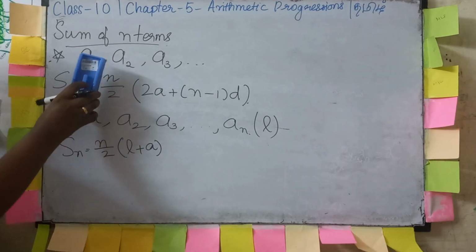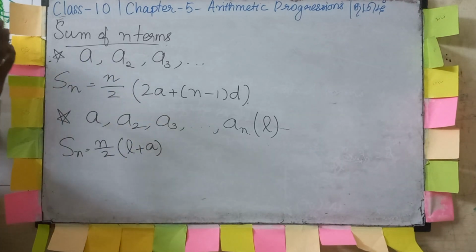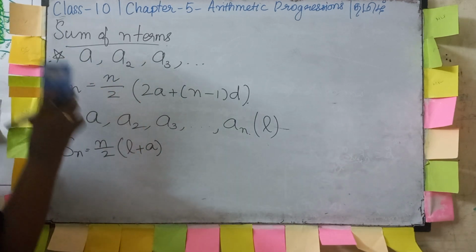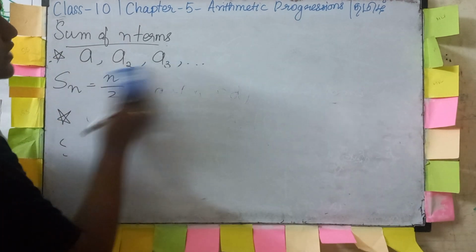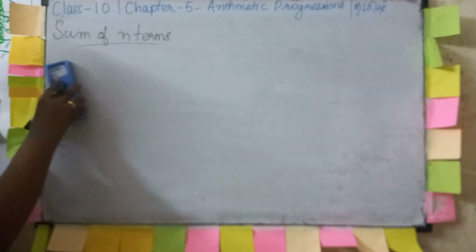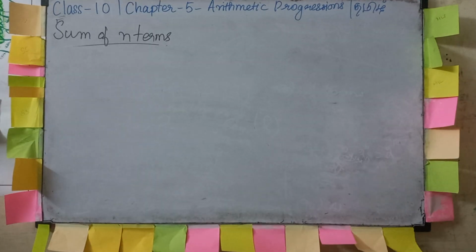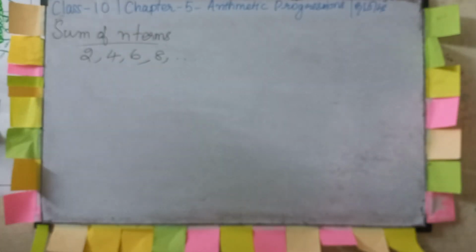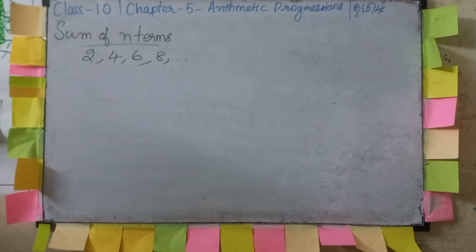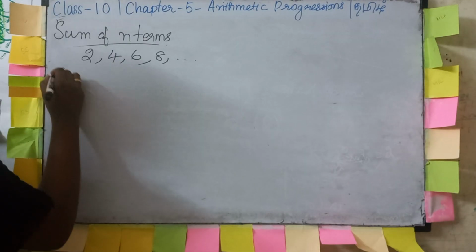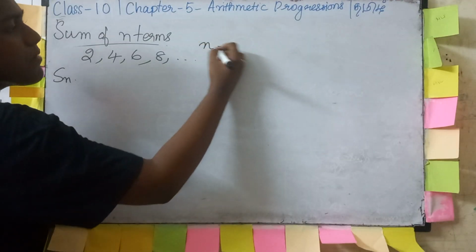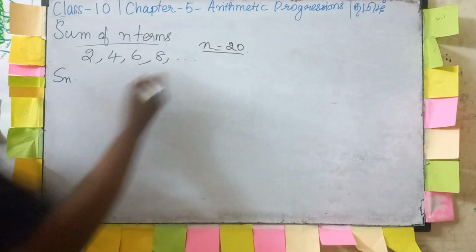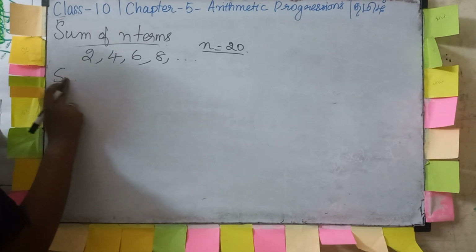Actually, mostly this is hard, but the situations will be like using this formula. I'll give you an example. Let's take an AP 2, 4, 6, 8, which goes on. Now there is no last term, right? So which formula will we use? We need to find the sum of 20 terms.